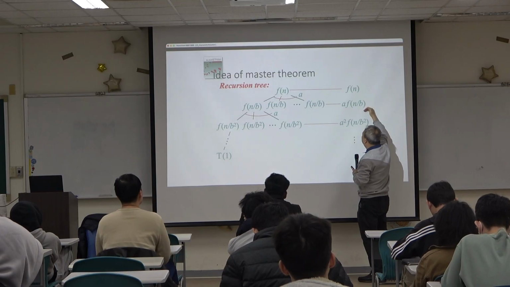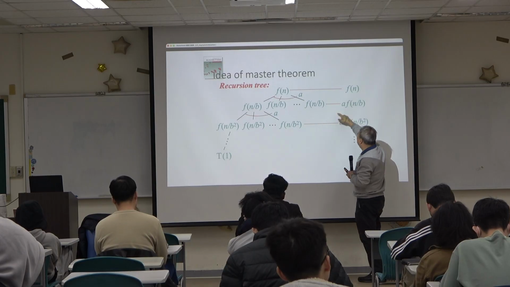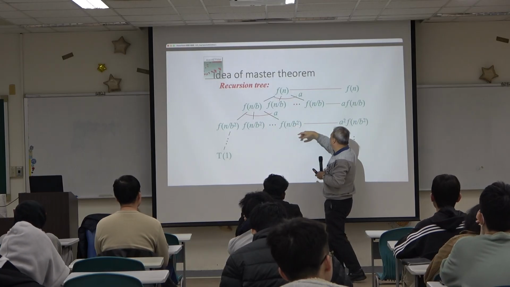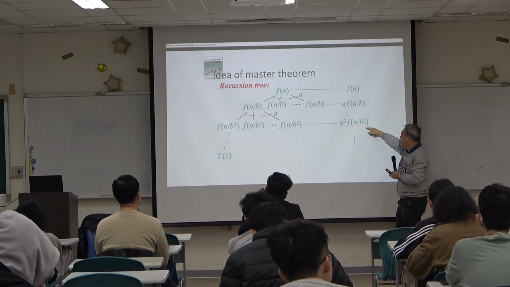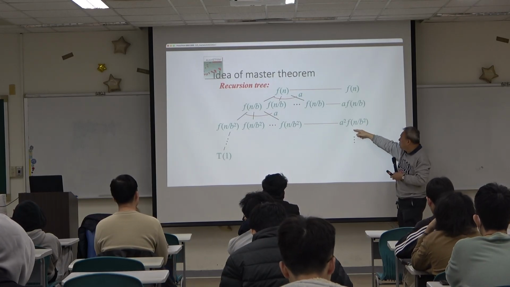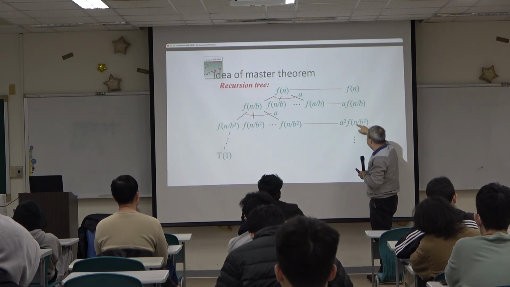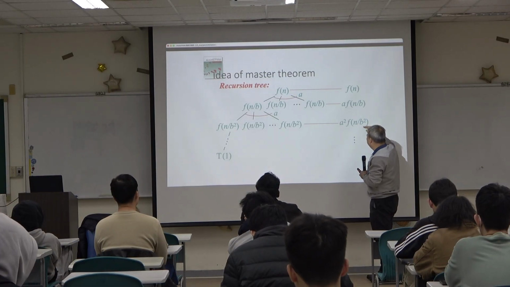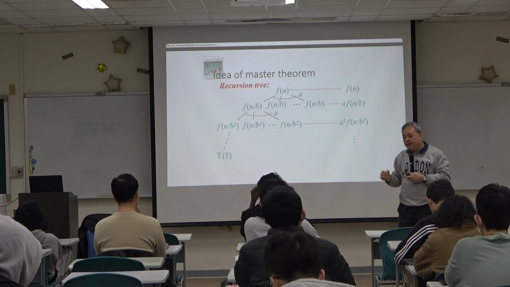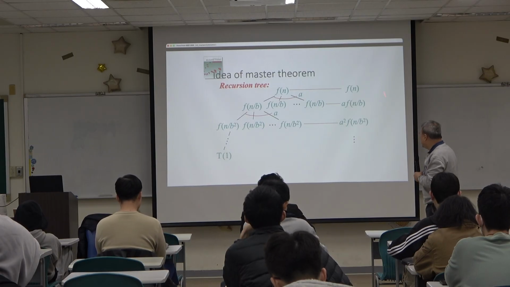The second one, because you expanded a times, is a times f(n/b), and one additional level gives a squared times f(n/b squared), right? So the multiplier keeps increasing by a, but n gets divided by b, layer by layer. So this is how it works.